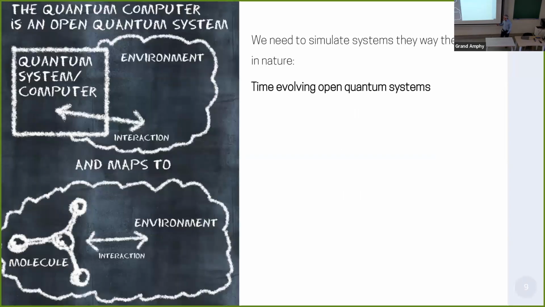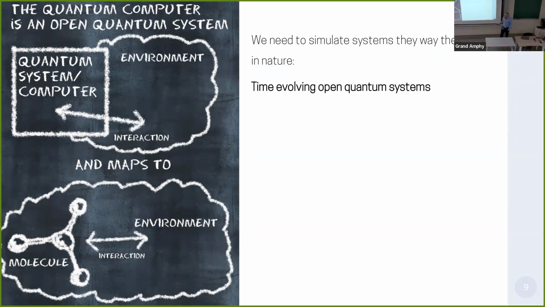So let me very vaguely draw up how the idea works. I will get much more technical about this later. We want to simulate some quantum system and give it the possibility to relax energy into an environment.